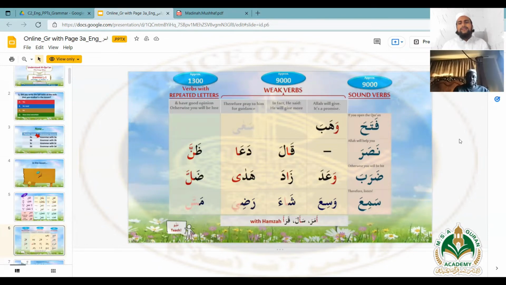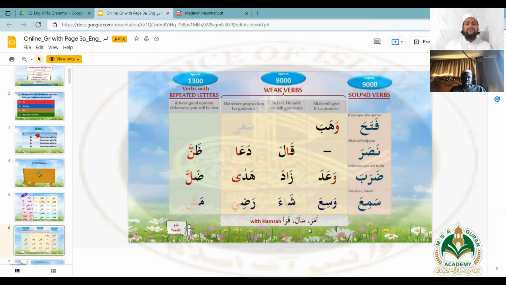So 2 letters are merged and became one and have a shadda sign on it to show you that these are 2 letters but became one. Two souls in one body. So these are 2 but in one body. The noon is one and there is a shadda sign on it.